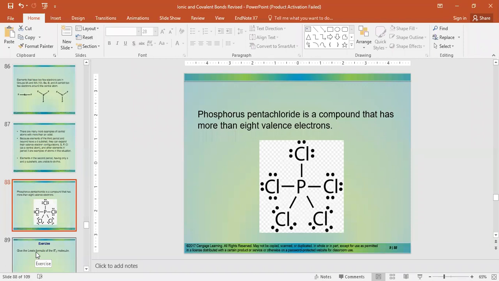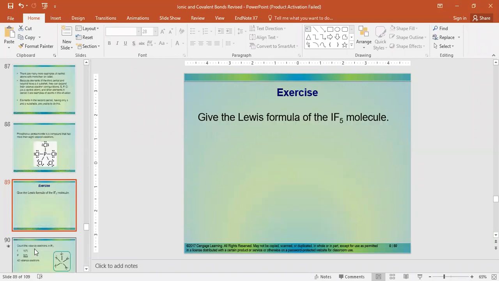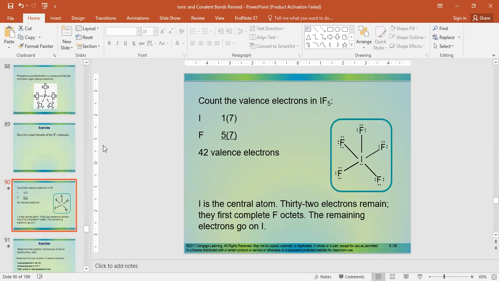Again, if you look at this compound here, we are still using the total number of valence electrons. In this compound, we have a fluorine, a fluorine, a fluorine, a fluorine, and a fluorine. So there are 5 fluorine atoms.